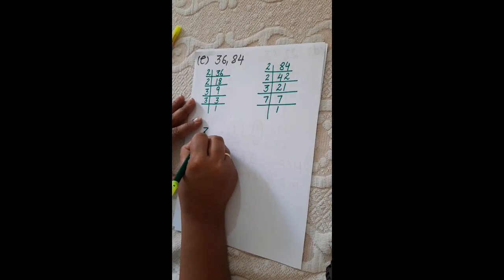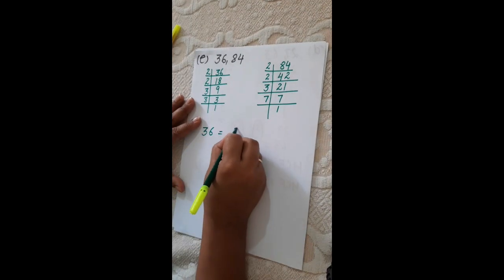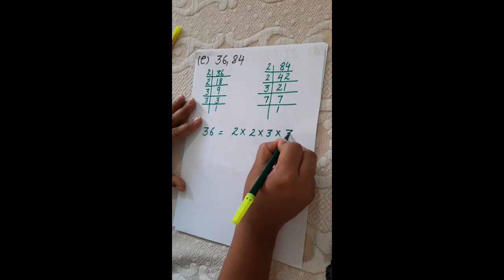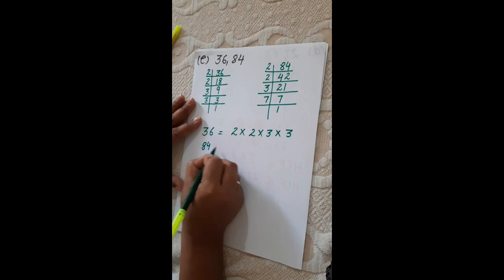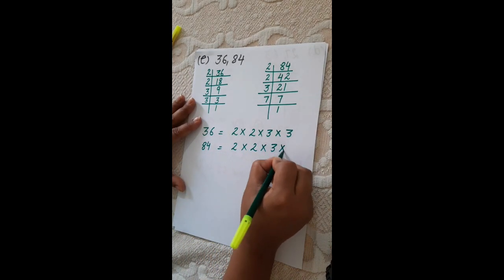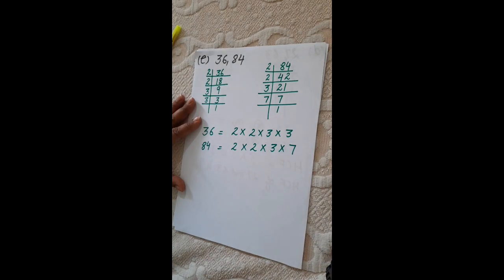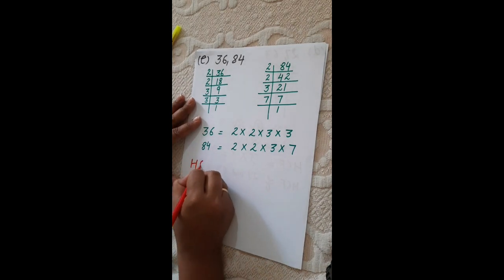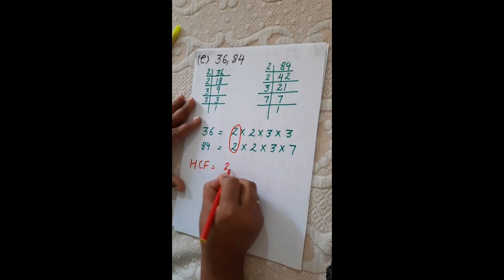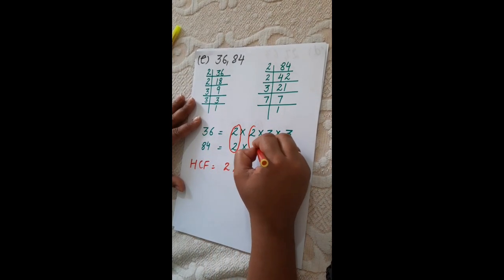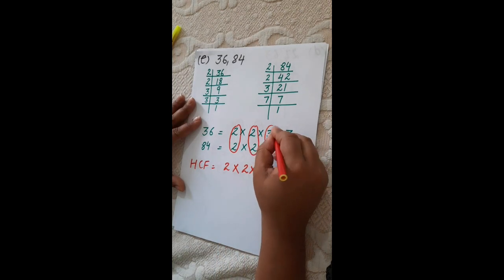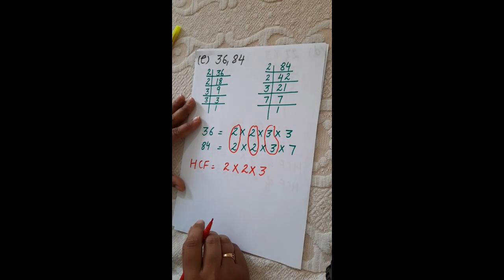So the prime factorization of 36 is 2 into 2 into 3 into 3. Then we have 84, that is 2 into 2 into 3 into 7. And whenever you write the highest common factor, here the first common factor is 2, multiply, the next common factor is 2, multiply, and here the next common factor is 3.